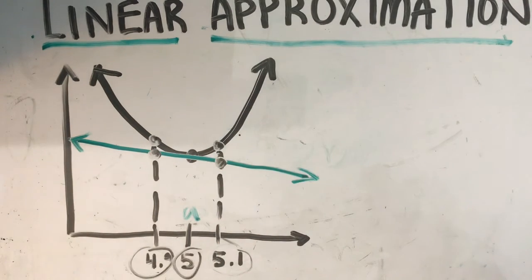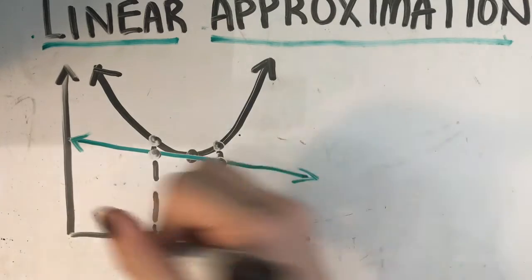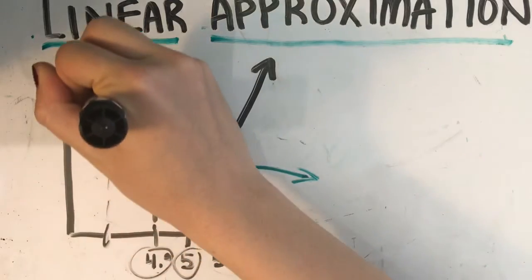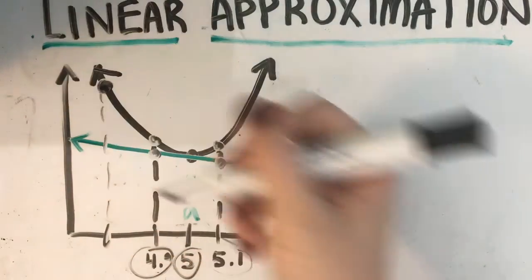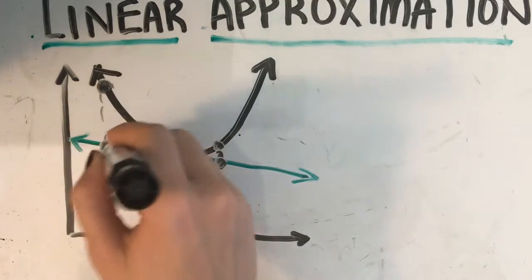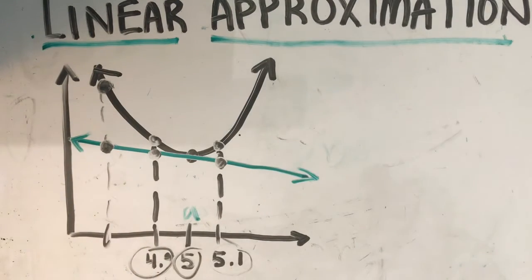However, if you calculated for an x value far away from the point of approximation, say over here, you can see that the y value you would find would be pretty far off from the actual value on the curve.